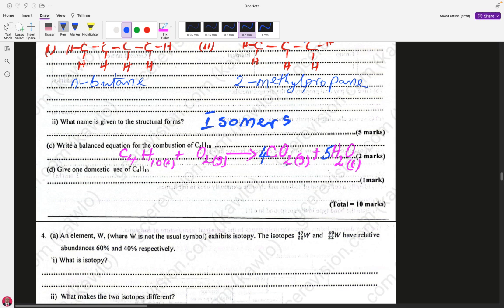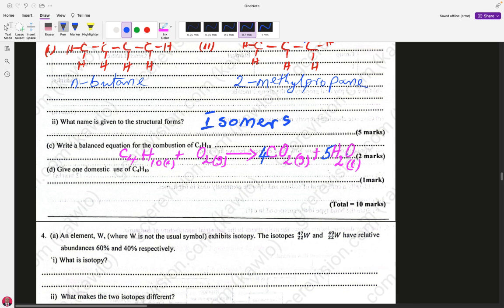Oxygen: 2 times 4 is 8, and 8 plus 5 is 13. What number can we multiply the oxygen by that will give us 13?